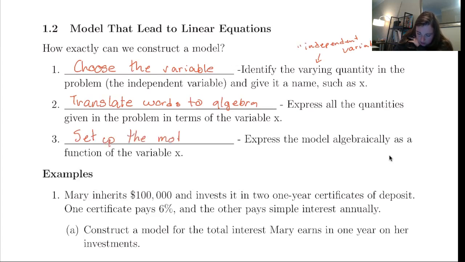Like I was saying, when we translate words into algebra, this is most likely where we get those linear models. And then I'm going to put them into one big model, right? So I'm going to express the model algebraically in numbers and pluses and symbols as a function of the variable x.